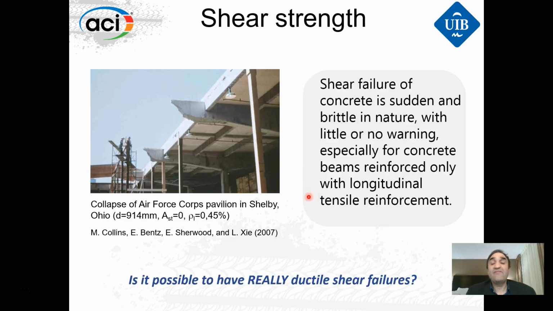So we have been working in our research group on shear strength for years, for more than 15 years. So we had a question. Okay, we always talk about the fragility of the shear failure, but is it possible to have ductile shear failures? Because I didn't say that before, but these alloys normally present very high ductility.